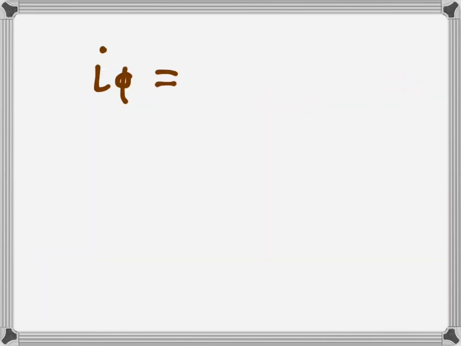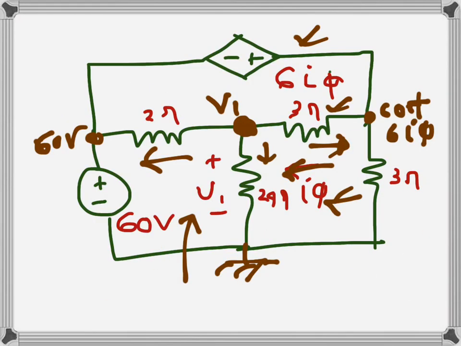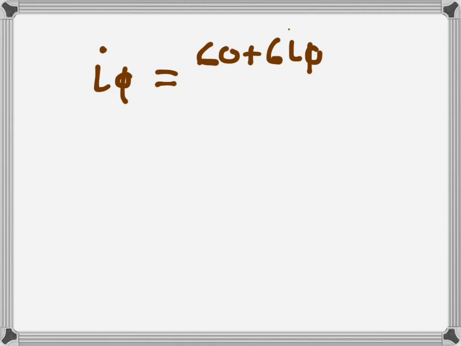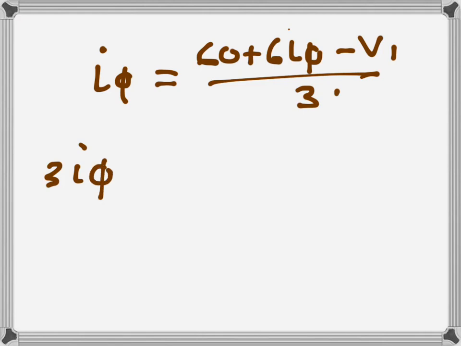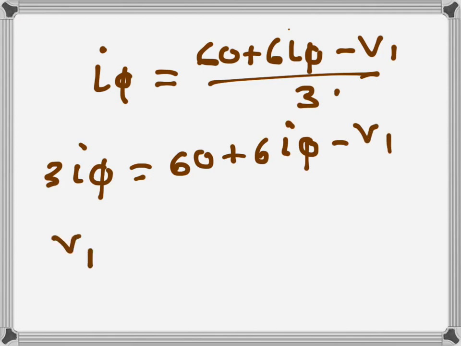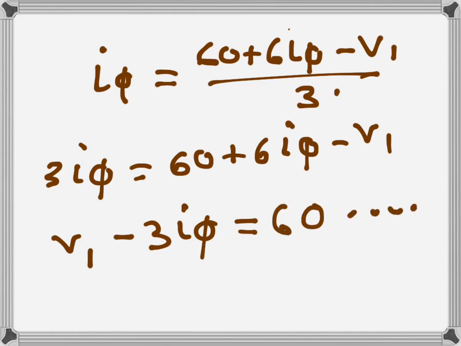So that will be, of course, 60 plus 6I5, which is the voltage of this node, minus V1, divided by 3. So that becomes 3I5 equals 60 plus 6I5 minus V1, or V1 minus 3I5 equals 60. So this is our equation 2.